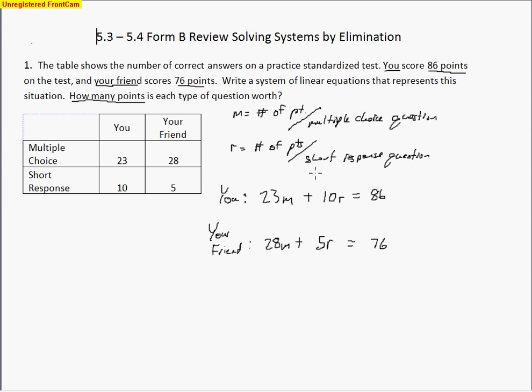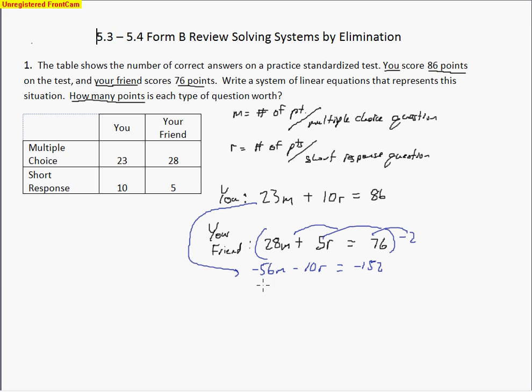So I'm going to multiply your friend's equation by -2, and that's going to cancel out the R term. So now I've got negative 56M minus 10R equals negative 152. I got those numbers by multiplying 2 times 76, 2 times 5, 2 times 28, and I multiplied by a negative so that they'll cancel out.